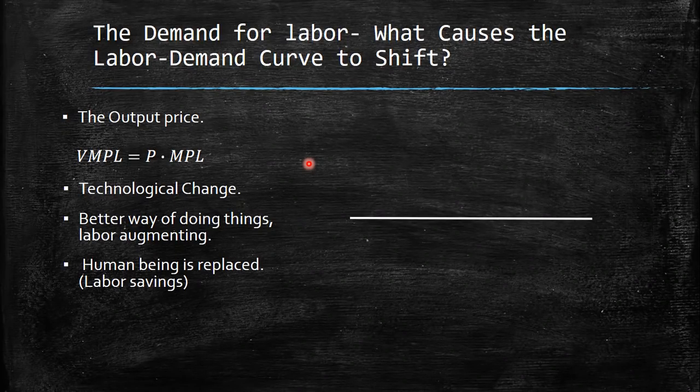But when we talk about labor saving, technological change will determine that human beings are being replaced, as for example in Europe where we don't have cashier people anymore. Then the demand for cashiers will shift to the left, and naturally the wage will be lower because they are no longer needed.